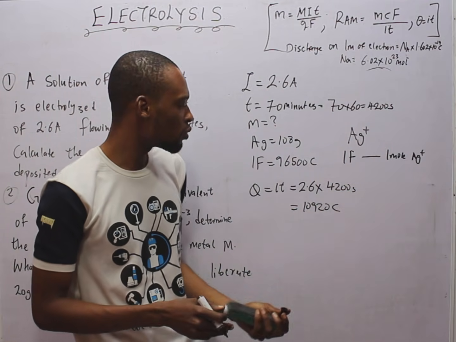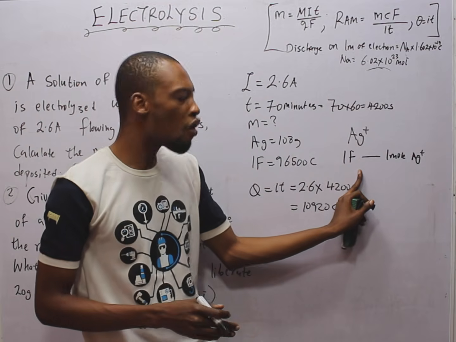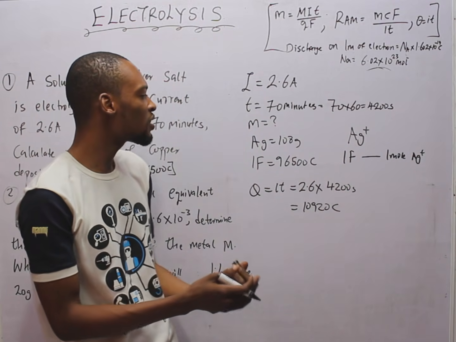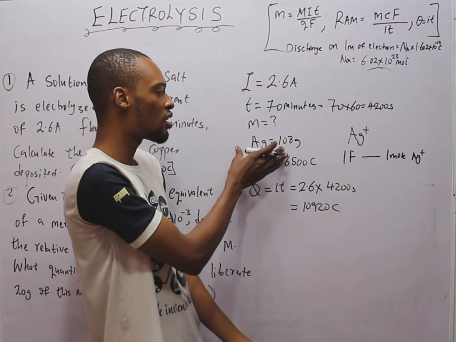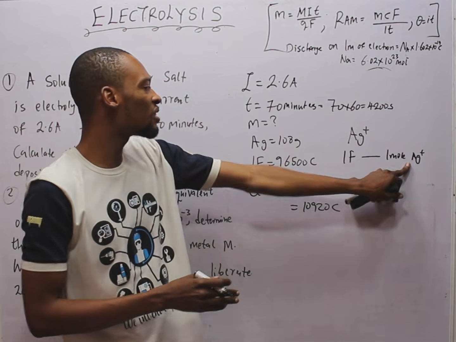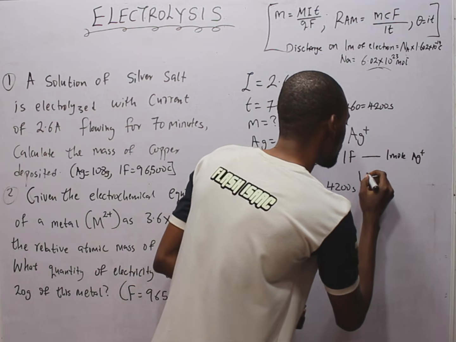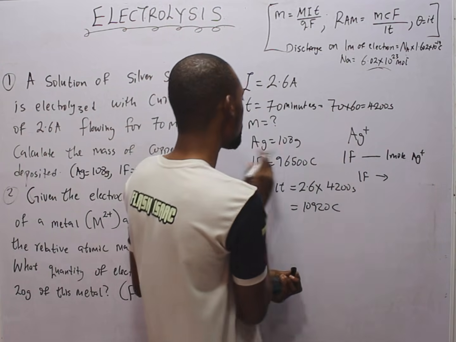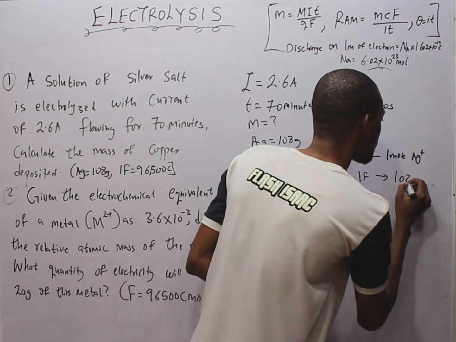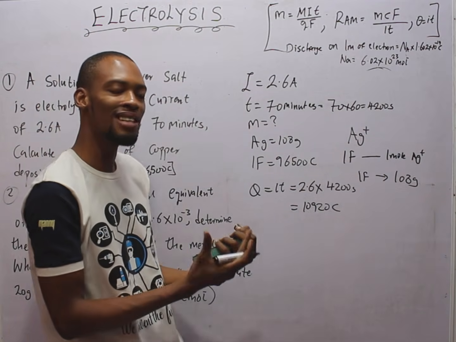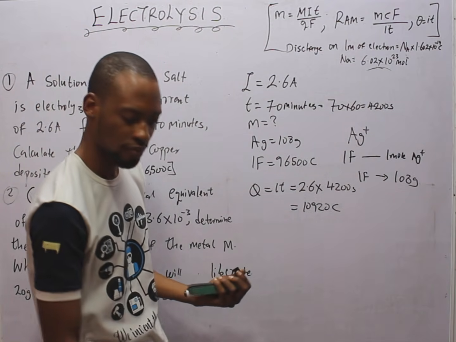And what is 1 mole? 1 mole of any element or of any substance is the same thing as its molar mass. So 1 mole of silver contains 108 grams. So therefore, 1 Faraday will be required to deposit 108 grams, because 1 mole of silver contains 108 grams, which is the mass.